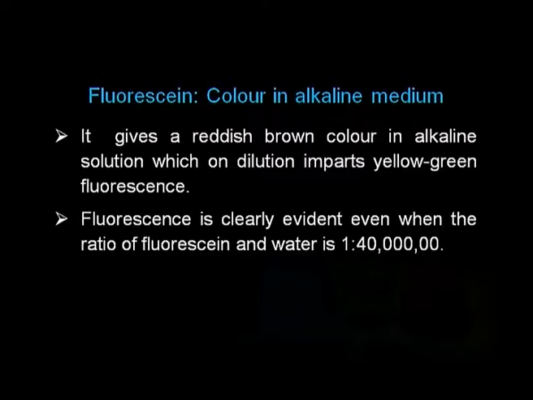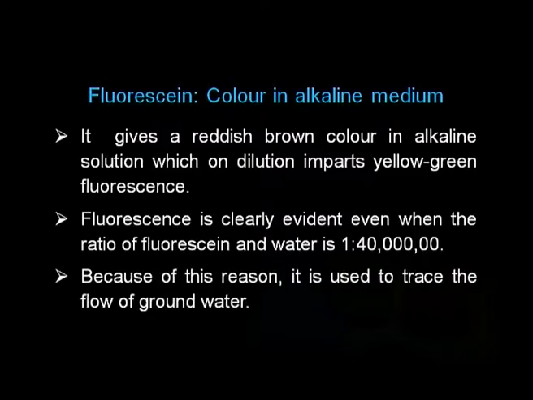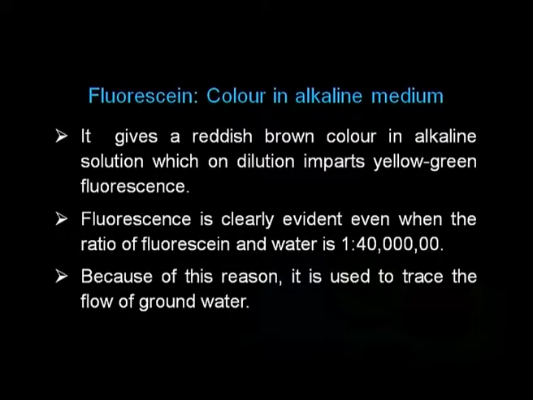This yellow green fluorescence is clearly evident even when the ratio of fluorescein to water is 1 to 40,100. That is, even if a very small amount of fluorescein is present, the fluorescence can be observed very evidently, and because of this reason this property is used to trace the flow of groundwater.